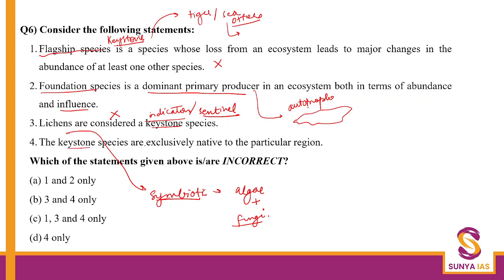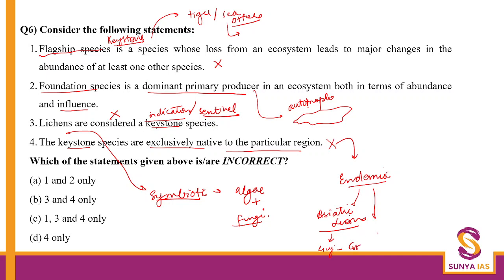And then keystone species are exclusively native to the particular region. No, this in fact is the definition for endemic species. Okay, can you give me any example of endemic species? So let's say if I talk about Asiatic lions. Asiatic lions you will find in which part of India? In Gujarat, you can find them in Gir National Park.